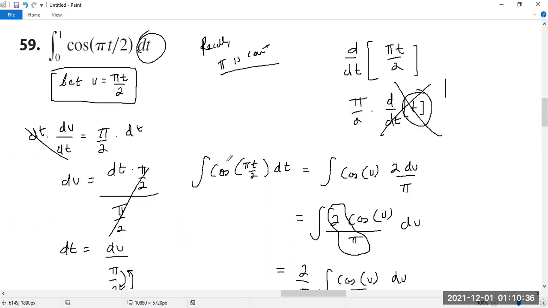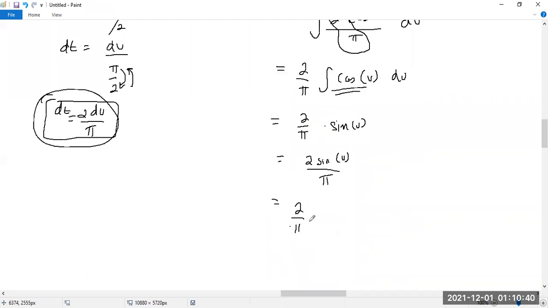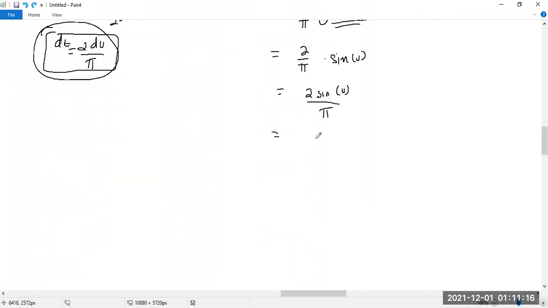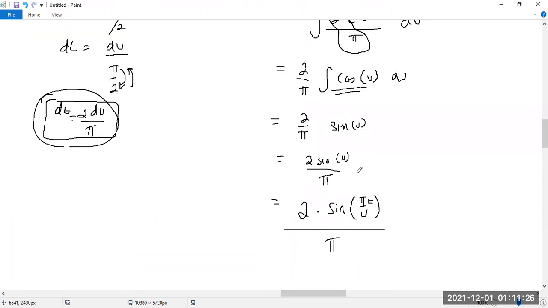What was u? u was pi t over 2. So this is 2 times sine of pi t over 2, over pi. Let's back up a little bit here.